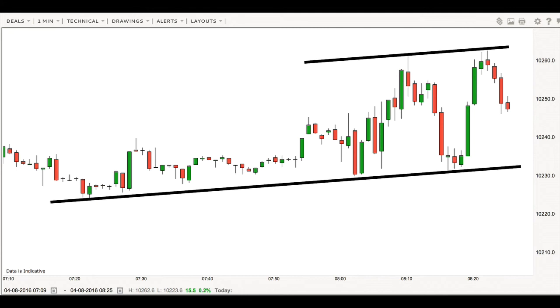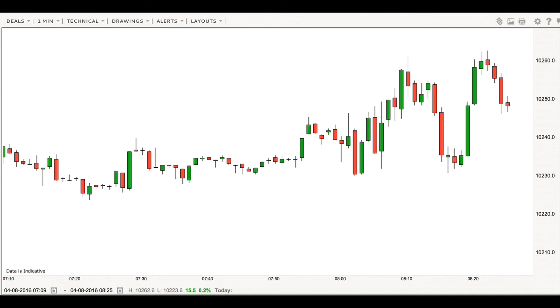It's very, very unlikely that price will stay within this range for the whole trading day. Might do. We're in August at the moment, so it's quite a quiet trading period. And at some point in time, it's likely to break out.